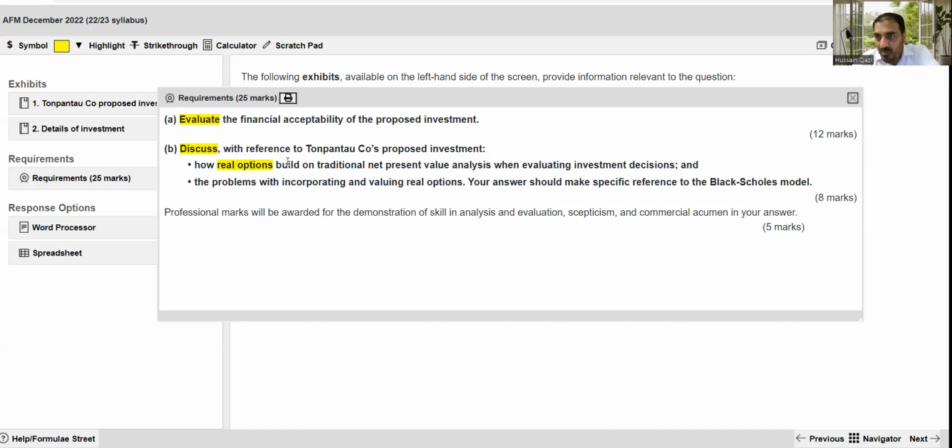Whenever you identify real options in the question, including the BSOP, you quickly refer to the exhibit side and specifically the response options. Here the response options are word processor and spreadsheet. If the examiner has a requirement for some calculation of BSOP, there will always be an extra spreadsheet, a BSOP calculator.